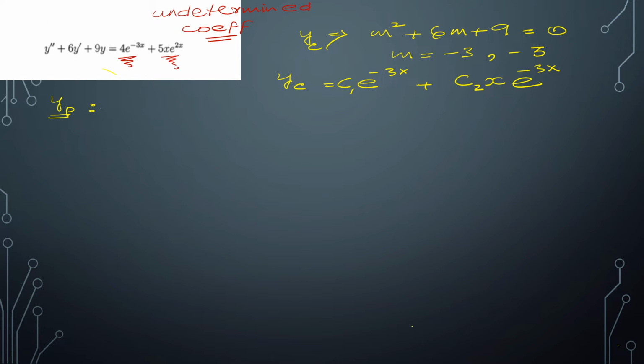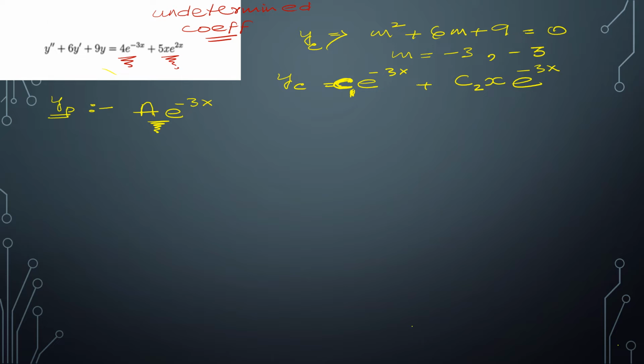Now let's try to solve for the y particular. For that, we have to look at the right hand side. On the right hand side, the first term is 4e to the power of -3x. So I can write it as a e to the power of -3x. But if I compare what I have written with my complementary solution of y, I will see that there is already c1, which is an arbitrary constant, with e to the power of -3x.